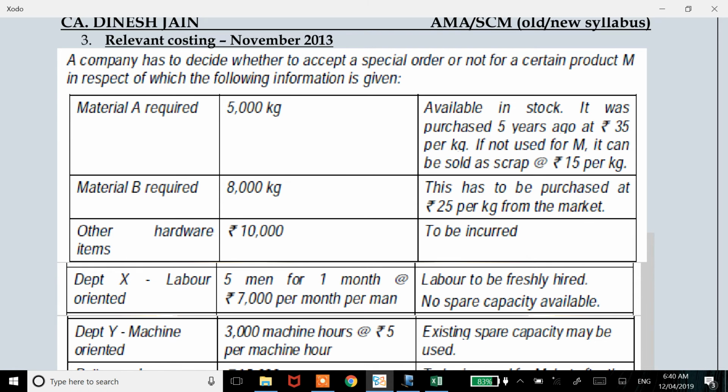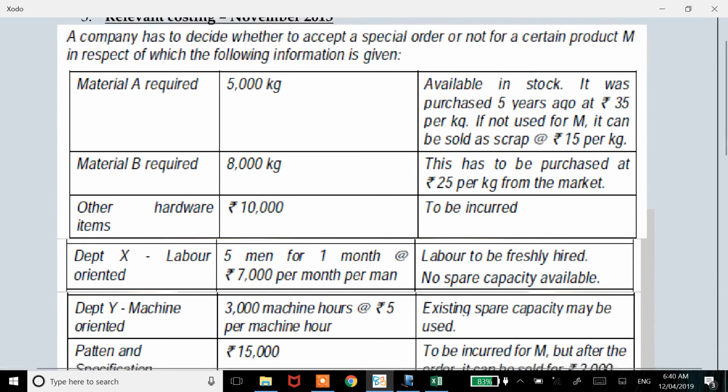So material A is 5000 into 15, 75,000. Material B is 8000 into 25.